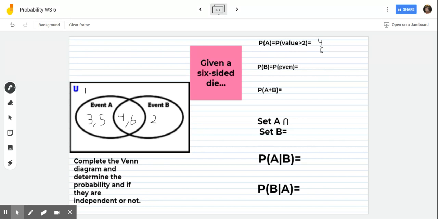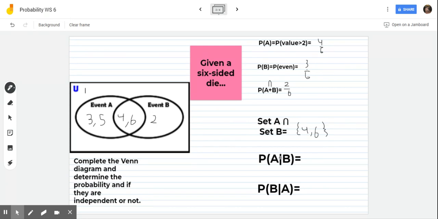Probability of B, which is the probability of even numbers, is 3 over 6. Probability of A and B, which is 4 and 6: those are two numbers, so 2 out of the 6 numbers. This can also be written as probability of A intersection B. So set A intersection B, just writing the set, would be 4 and 6, because those are in the intersection, or where they meet.